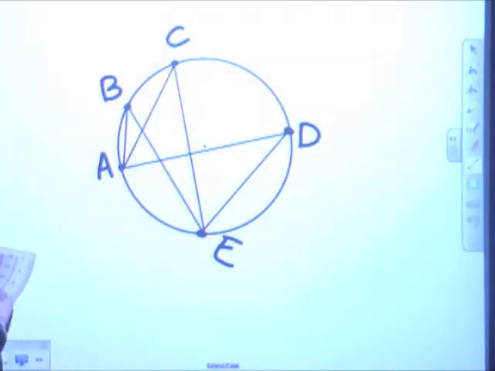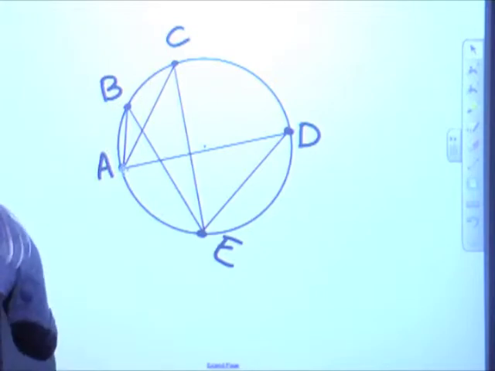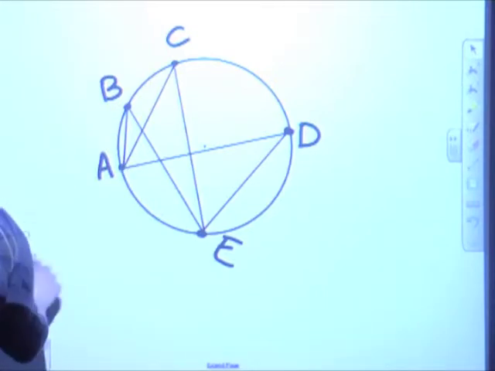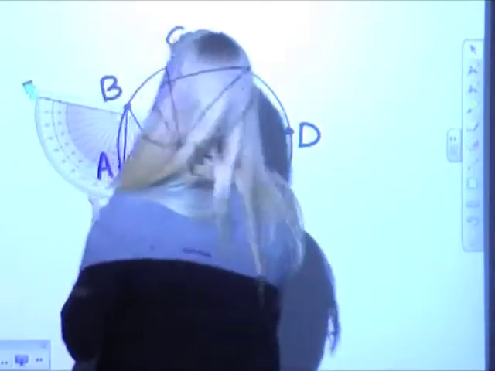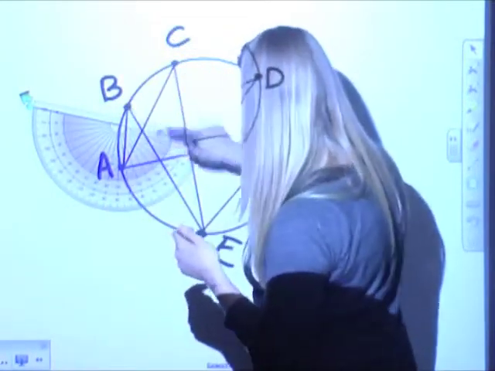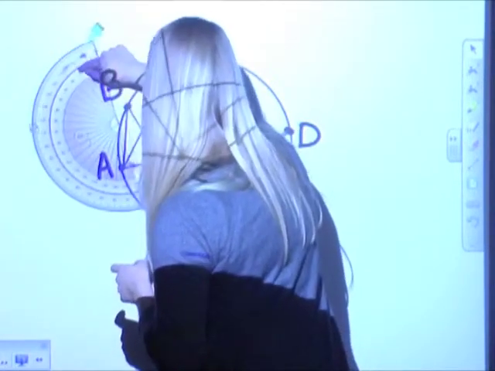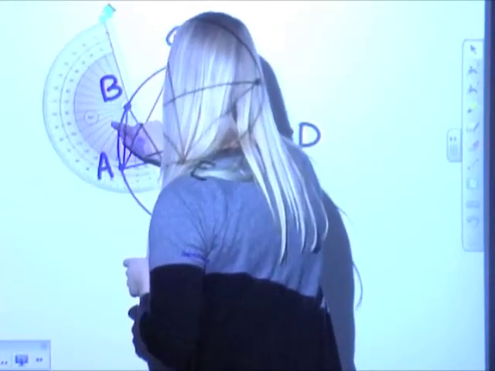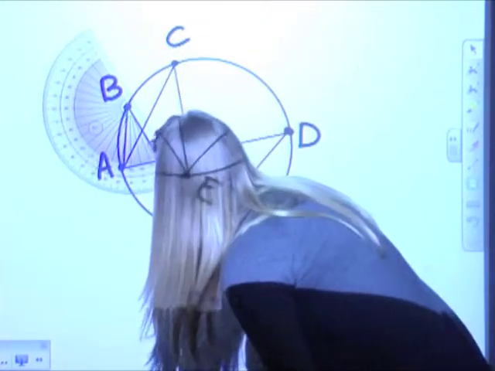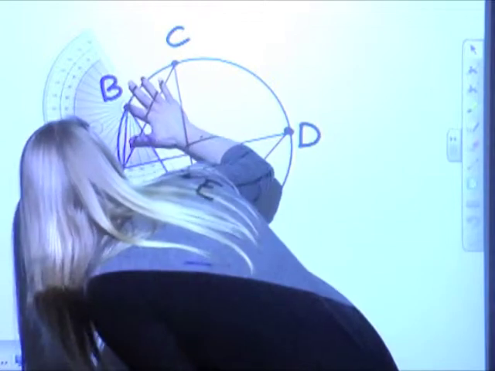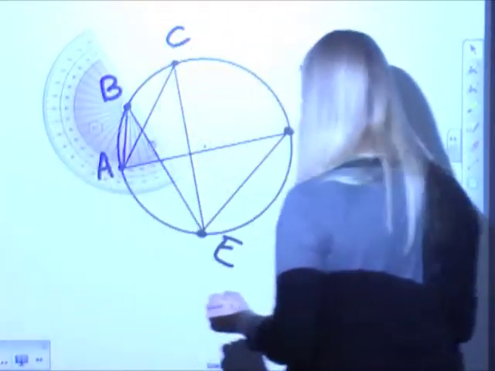The first angle we want to measure is the angle formed from point A, B, E. Okay, so get out your protractors and we'll measure A, B, E. Okay, so mine looks like it is about 45 degrees.